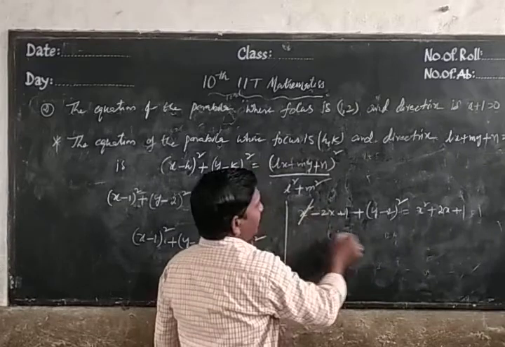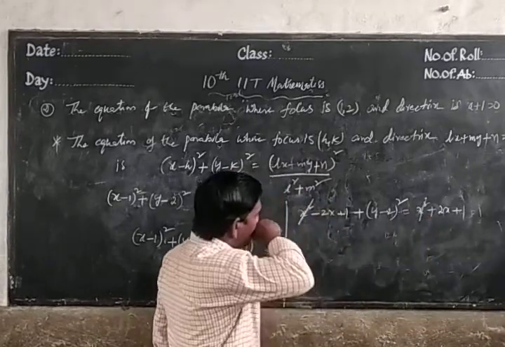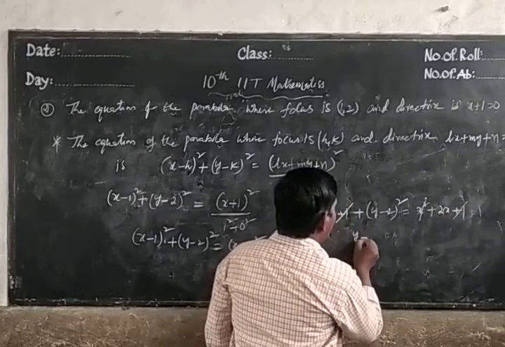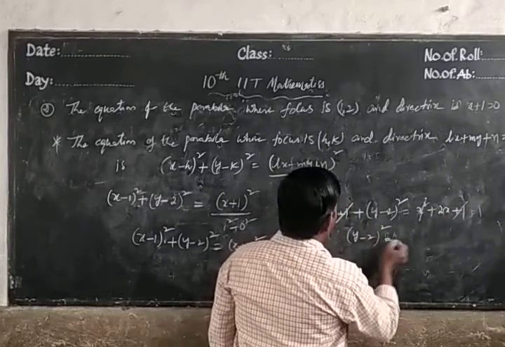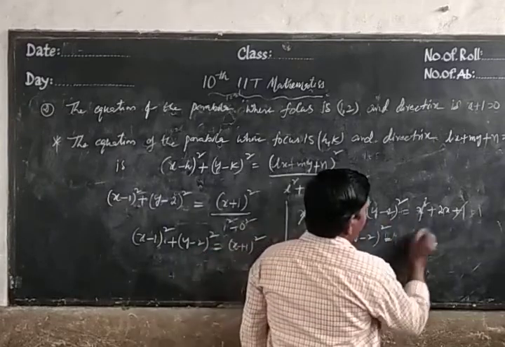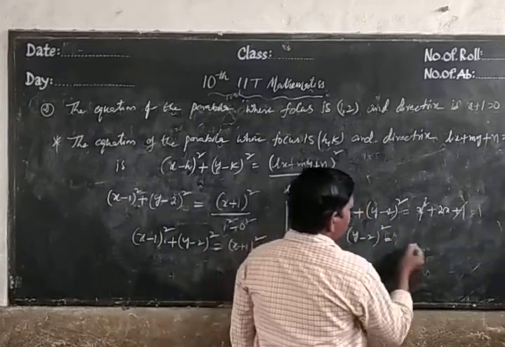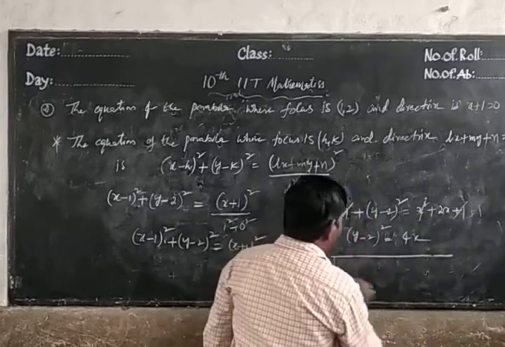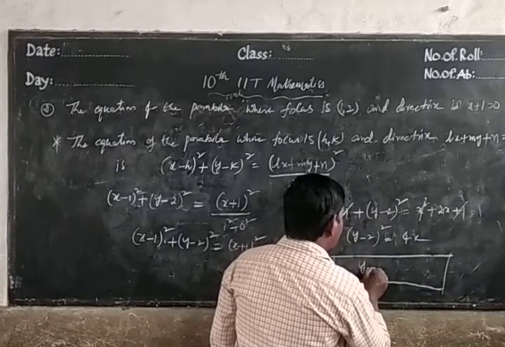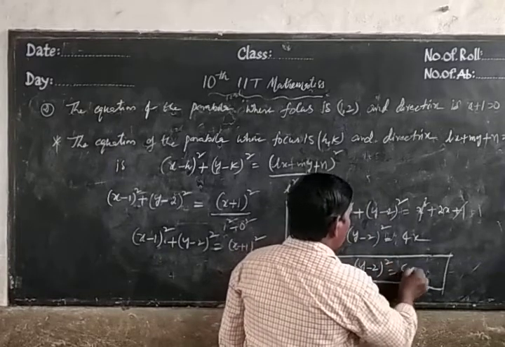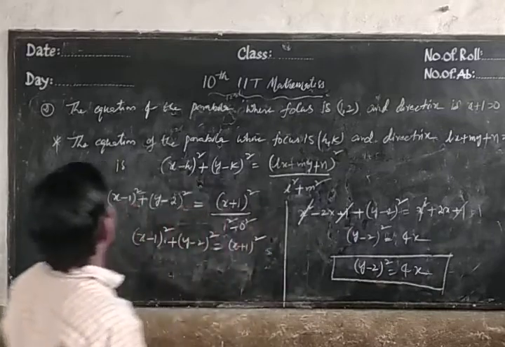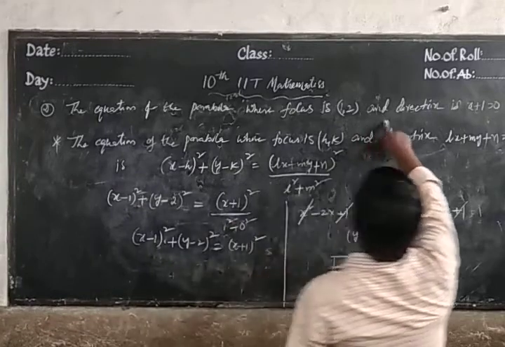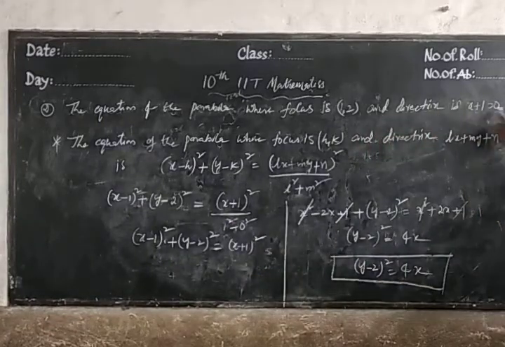The x square both are cancelled, and plus 1 both are cancelled, and (y minus 2) whole square equal to minus 2x becomes plus 2x, 2x plus 2x is 4x. So the equation of the parabola is (y minus 2) whole square equal to 4x, whose focus is (1, 2) and the directrix x plus 1 equal to 0.